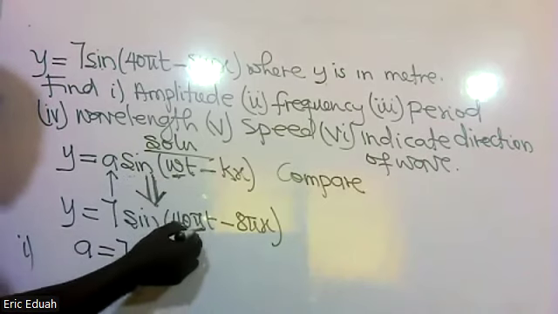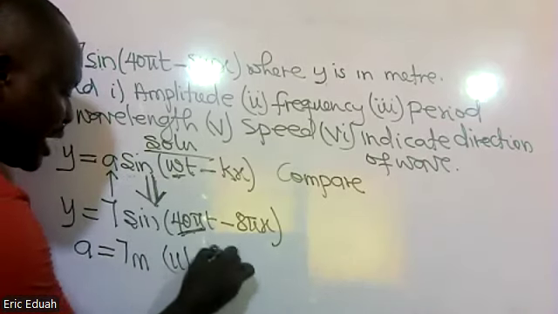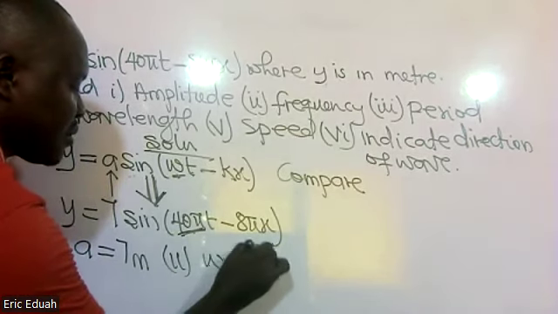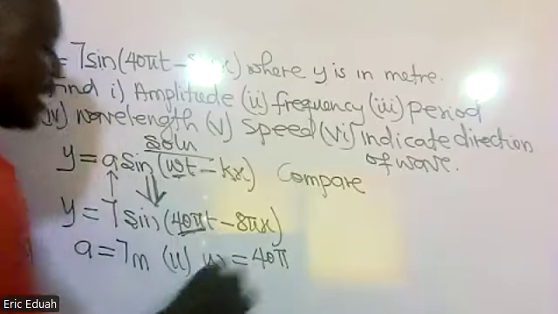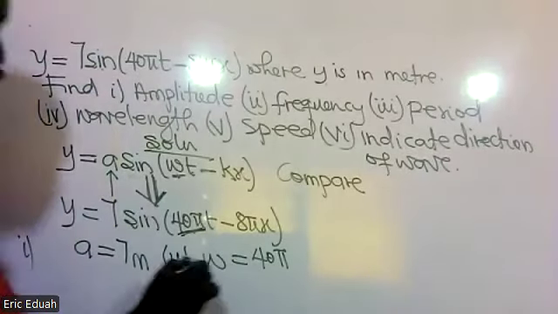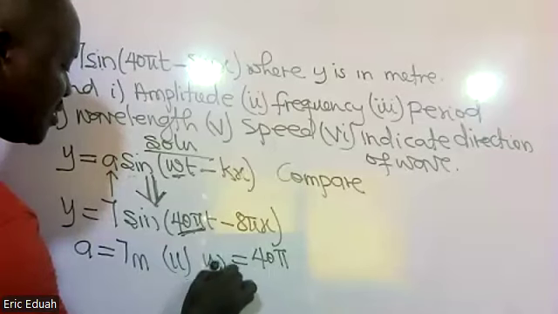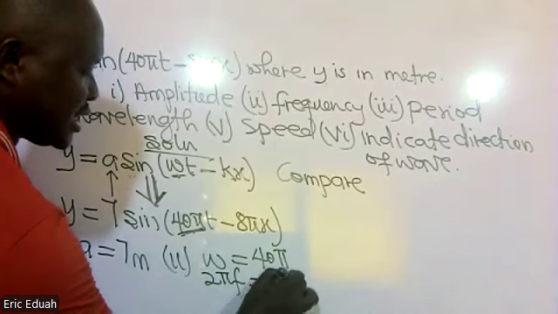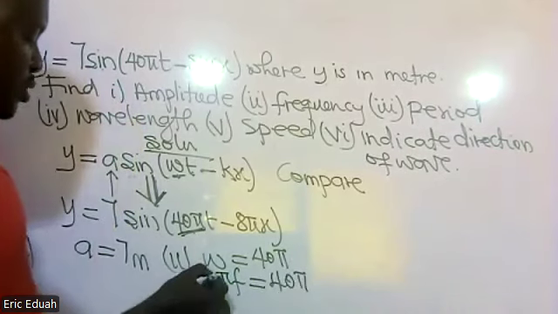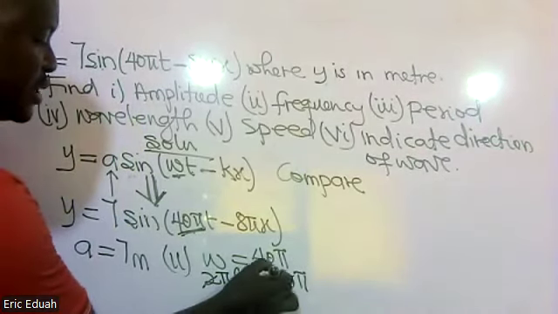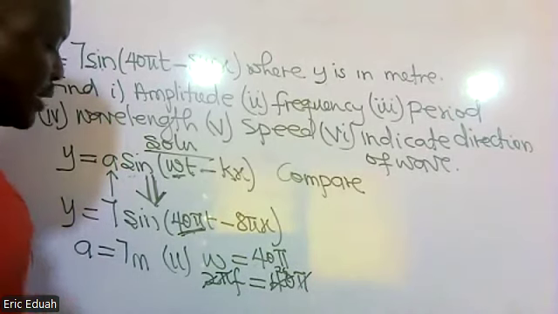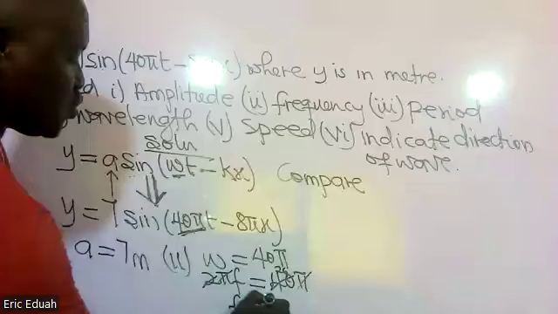So omega is equal to 40 pi, and we know omega to be 2 pi f. So 2 pi f is equal to 40 pi. 2 cancels 40, 20 pi. So f is equal to 20 hertz.